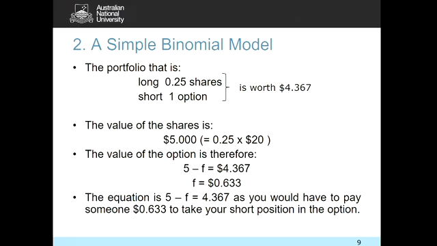Okay, and that's how you work out the value of the option. You're never going to have to do that, though. Okay, you have a nice formula that you're going to use. Okay, but this is where the formula comes from. So this might seem like overkill, but we're just going to go through this again slowly on an overhead, and then we will look at how we get to our formula.